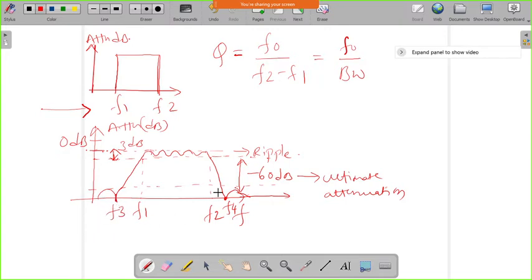So if I take the difference f2 minus f1, and f4 minus f3, and take that ratio, f4 minus f3 by f2 minus f1, that ratio we'll call the shape factor. What is the shape factor? Shape factor is the ratio of the difference f4 minus f3 divided by f2 minus f1.